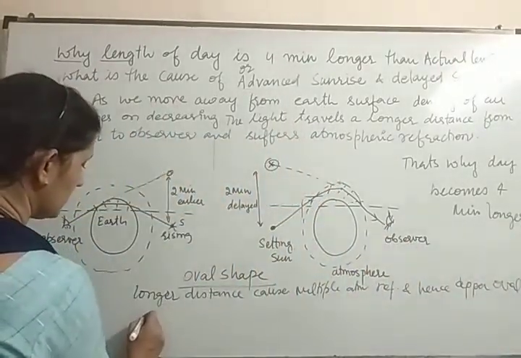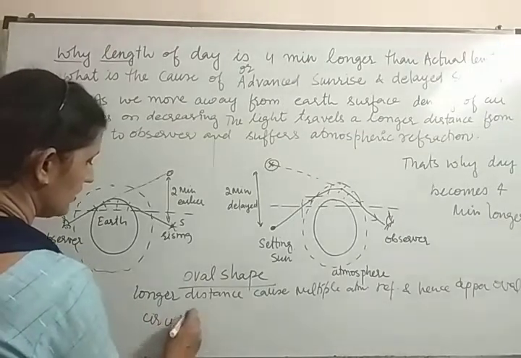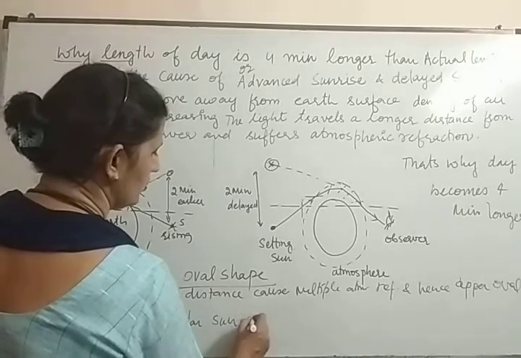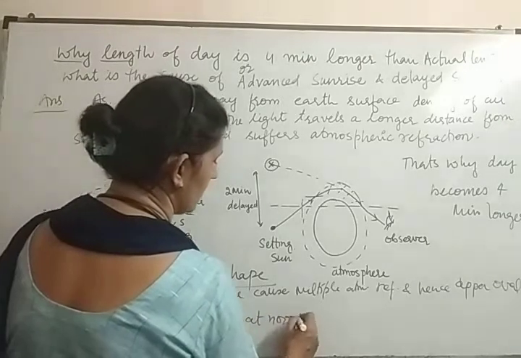And the sun is circular at noon. Why is it circular?